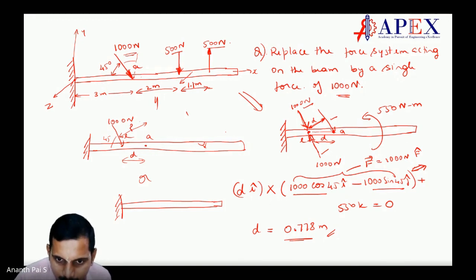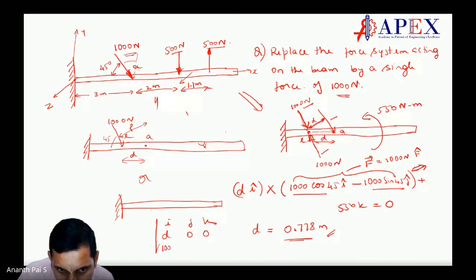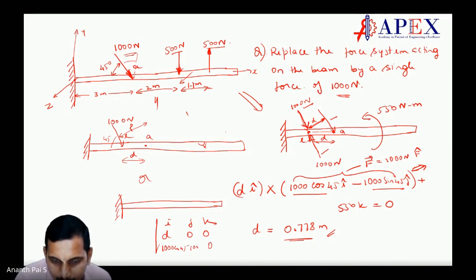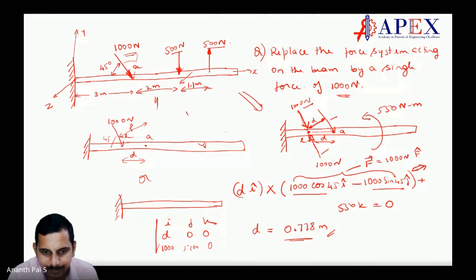Now when you do this cross product with i, j, k, you get D, 0, 0, then 1000 cos 45, minus 1000 sin 45, like that, okay?